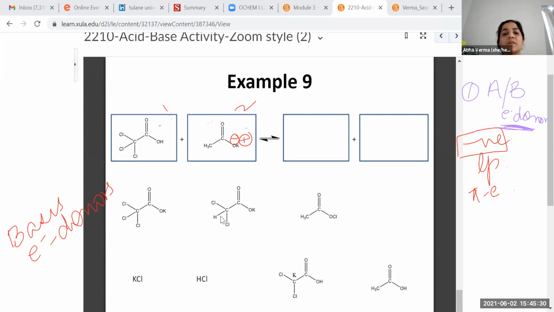So internationally, worldwide, we always use the Lewis base definitions, which is the electron donation. We always look for base not as a hydrogen acceptor, but as an electron donor.